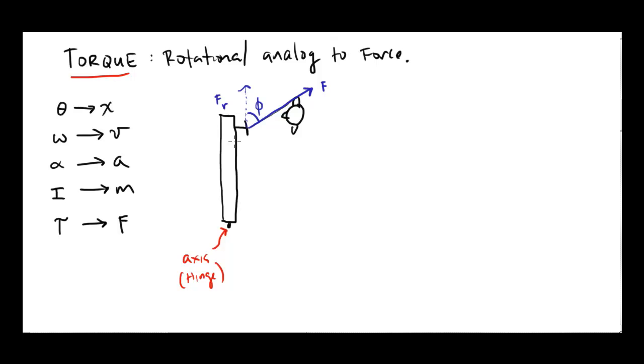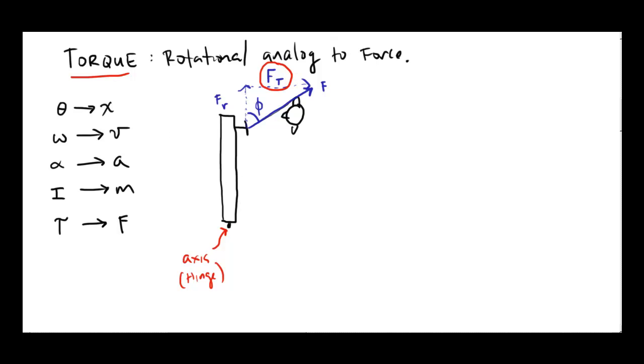That radial component does not go to open the door. If you just pulled in the radial direction, the door would not swing open. It's this other component, the tangential component, Ft, that actually opens the door for you.